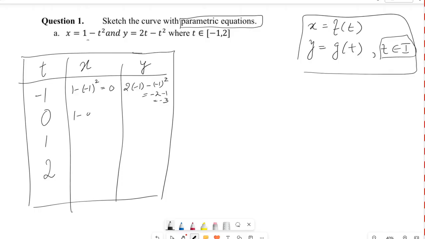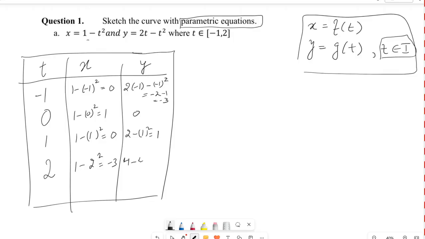When I put 0, 1 minus 0 squared is 1, and y is just 0. When I put 1, 1 minus 1 squared is 0, and 2 minus 1 squared is 1. For 2, 1 minus 2 squared is -3.